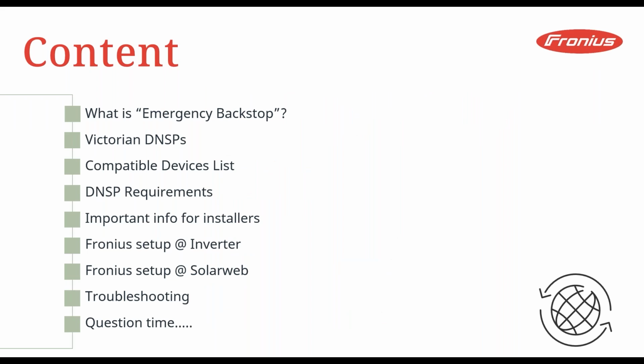I'll give you a little bit of an overview of what it is and which Victorian DNSPs are involved, compatible device lists, some of the DNSP requirements, because they all differ a little bit between each other, then some important stuff for you guys, the installers, and then a run through the Fronius setup, right at the inverter and then on Solar.web, and then a few troubleshooting things to beware of, and then we'll have some question time.